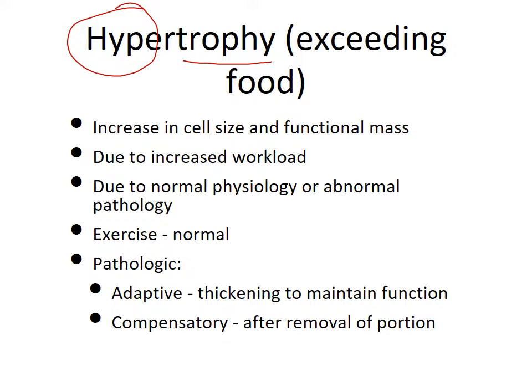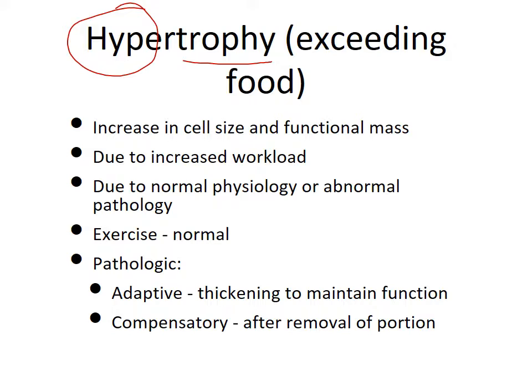Oftentimes this is going to require the synthesis of extra cell parts or cellular components. And it can change the look of or the overall physiology of the tissue either in that area or as to the organism as a whole.